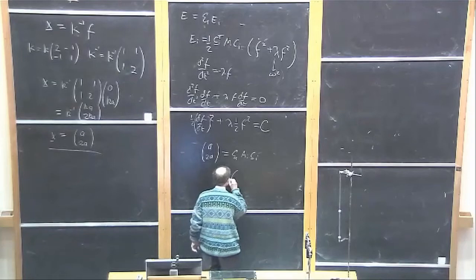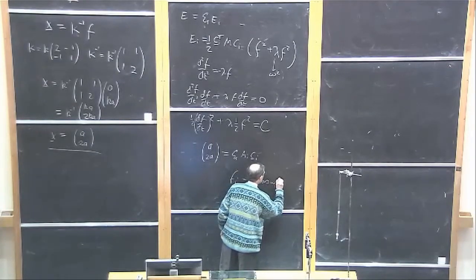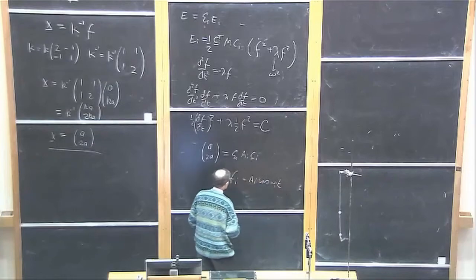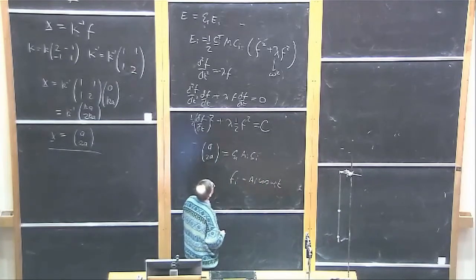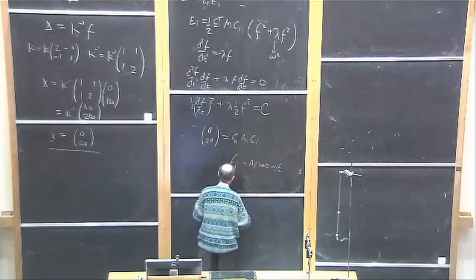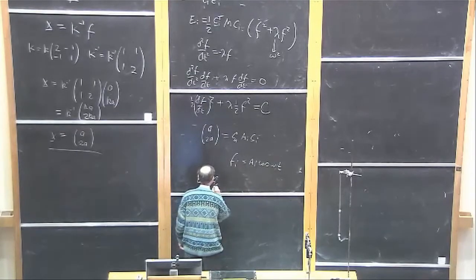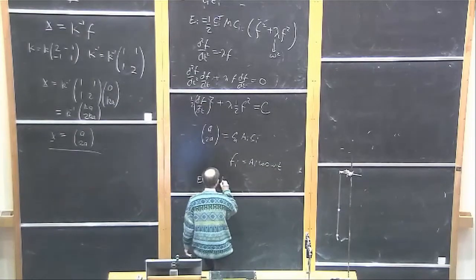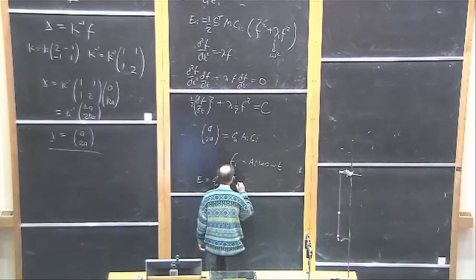So Fi is Ai cos omega I t, and we're going to do it at time equals 0. So Fi is just Ai, and F dot is 0. So the total energy is just E is sigma over I, 1/2 C I transpose.